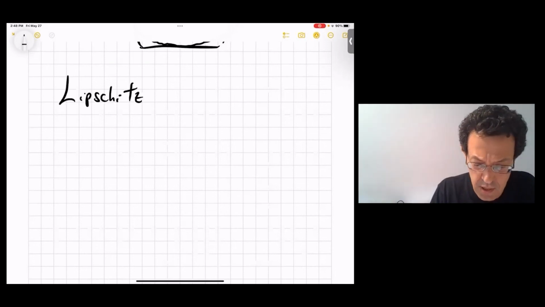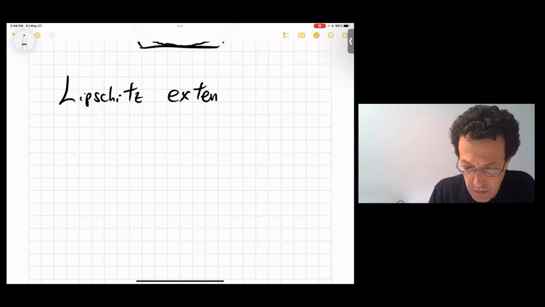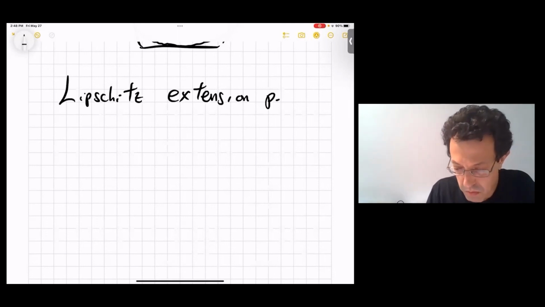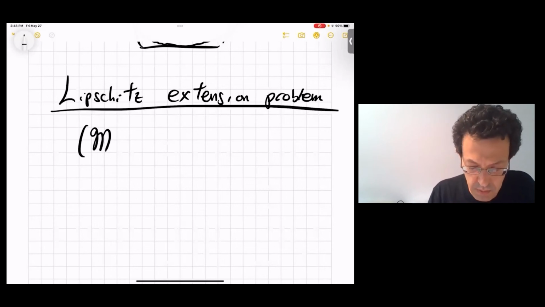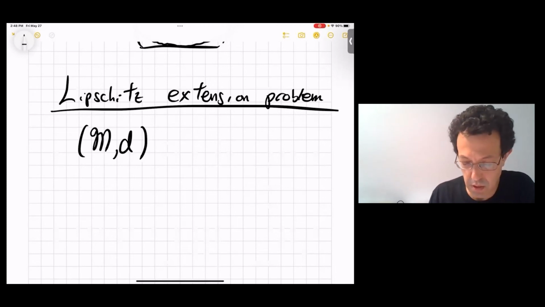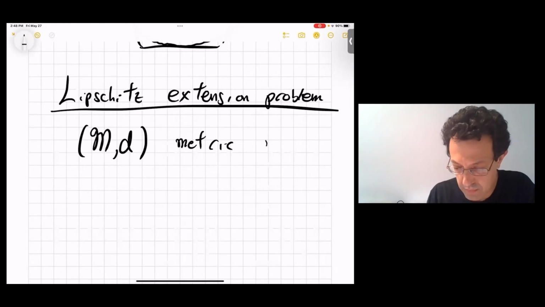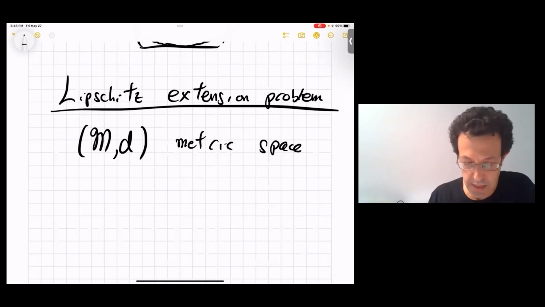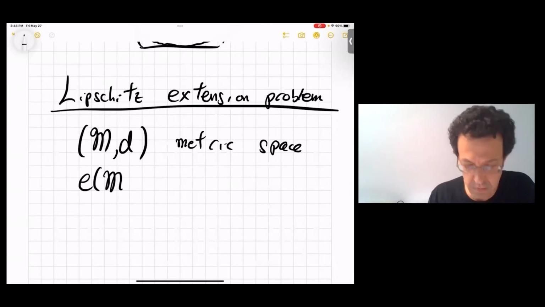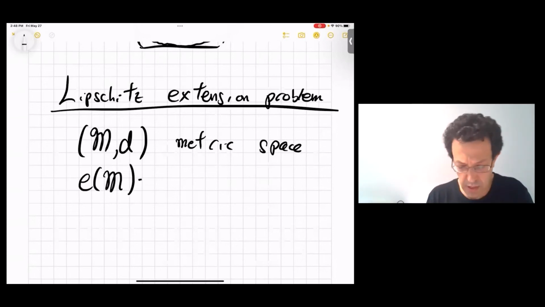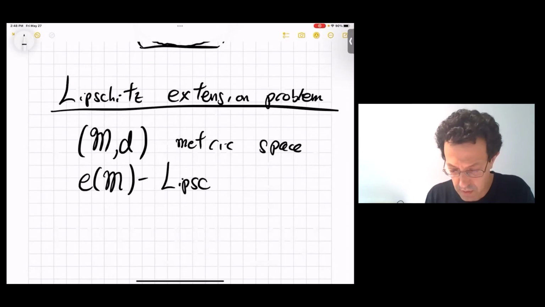It's called the Lipschitz extension problem. And the setting is you have a metric space M. And so this is just a metric space. And I'm going to define E of M. This is what's called the Lipschitz extension modulus.